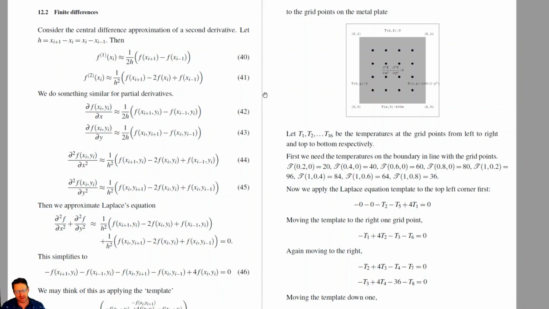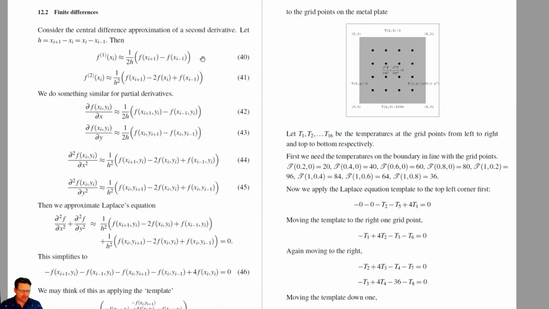Hopefully you can remember that. However, we can form a decent approximation of the first derivative by taking the slope of that chord. So f of x subscript i plus 1 minus f of x subscript i minus 1 all over 2h, where h is the difference between those x points, x i plus 1 and x i.